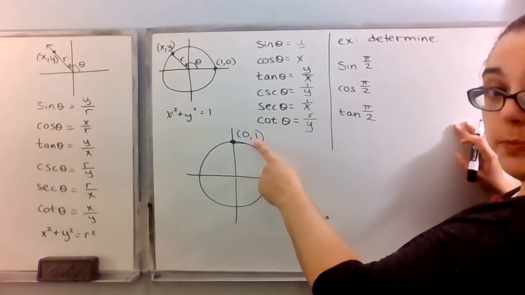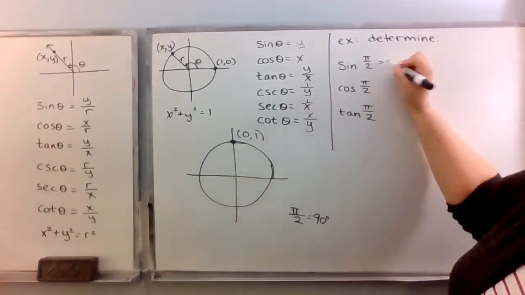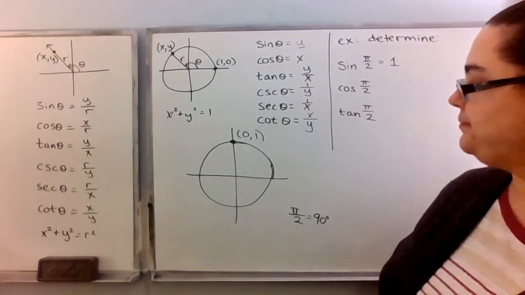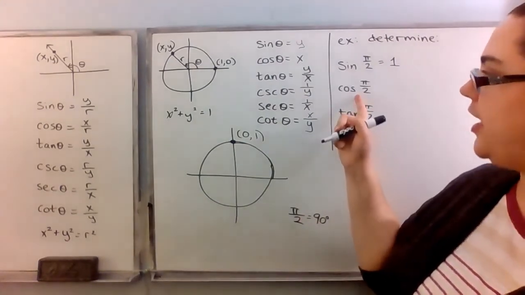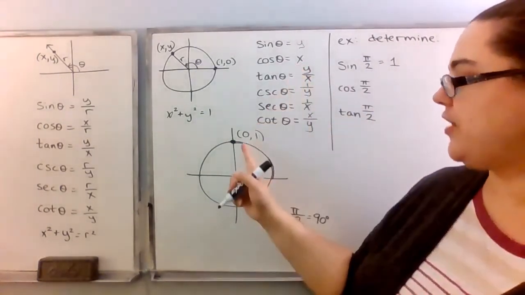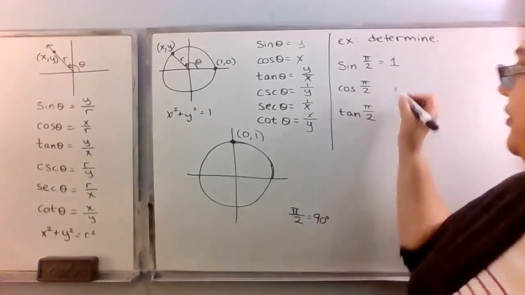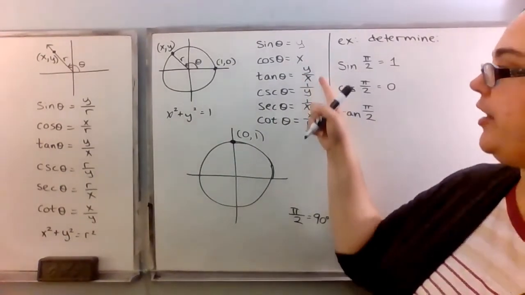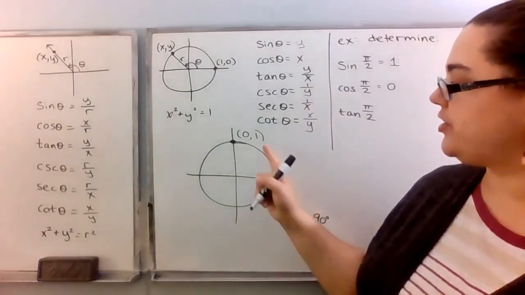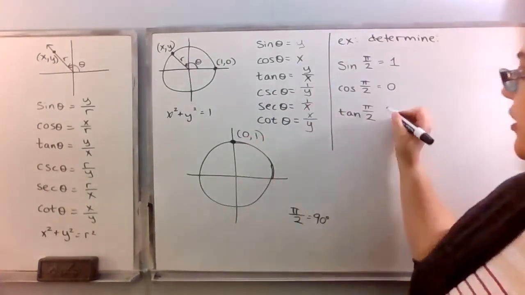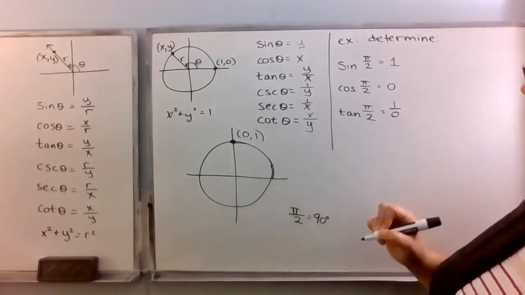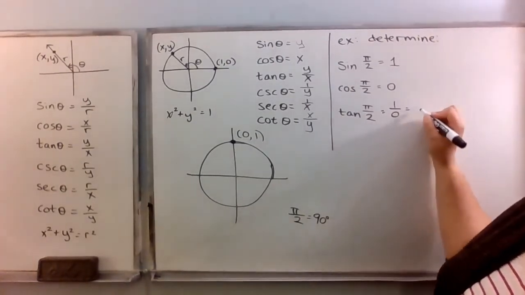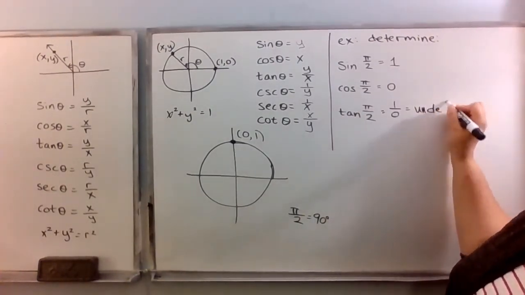So the y value of this point is 1, so sine of pi halves is 1. Cosine is going to be the x value, so the x value of this point is 0. And tangent is going to be y over x, so tangent is going to be 1 over 0. Oh, that's undefined.